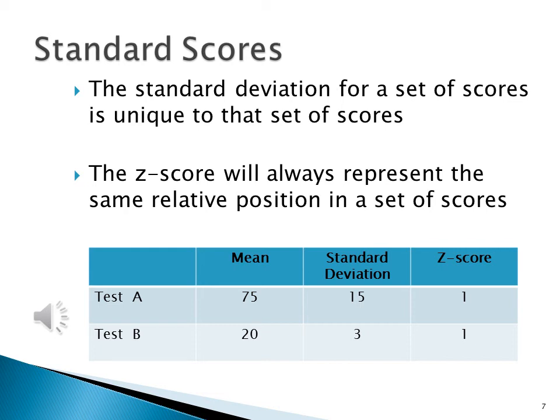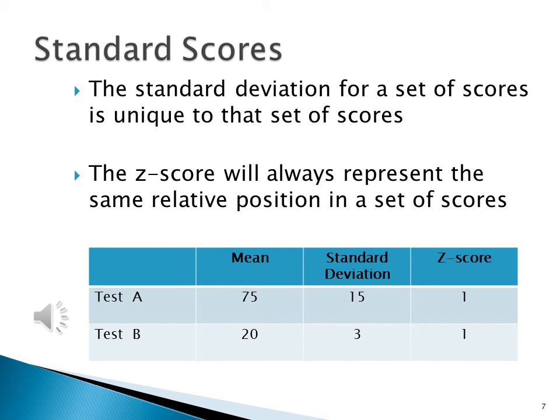The standard deviation is 3 points, but the z-score is still 1. It's the same relative position. This will help you have a better sense of where a score is or the distribution of scores is on a particular assessment, but you can also compare them.